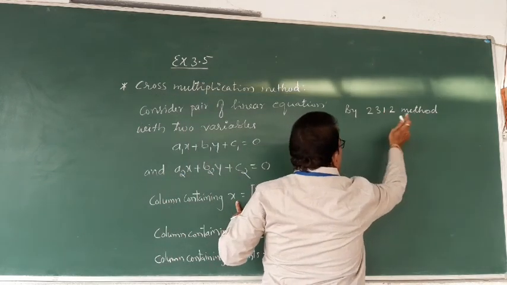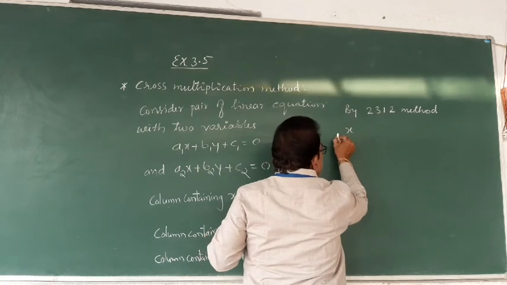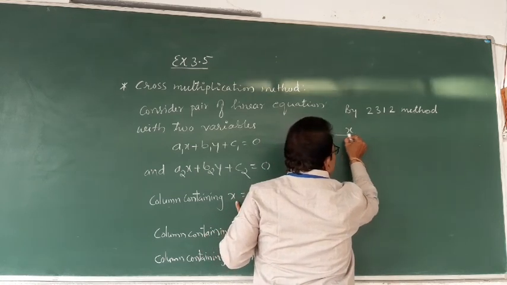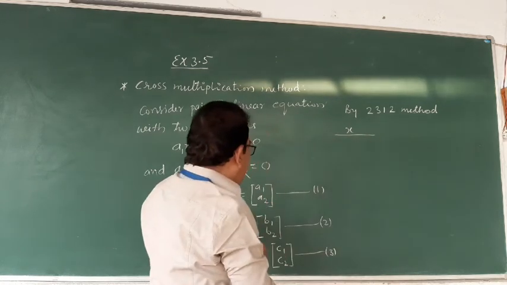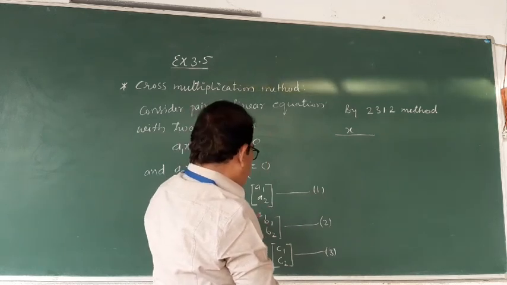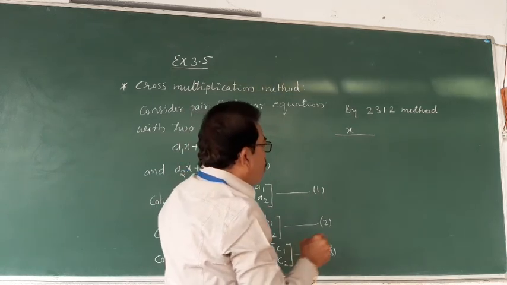By the 2, 3, 1, 2 method, x is divided by, second we have to consider b1 b2.